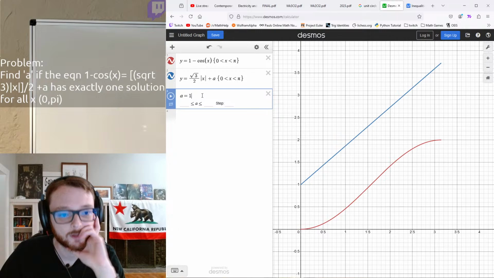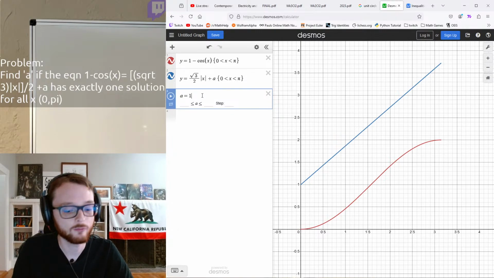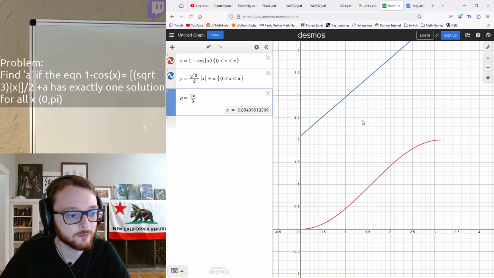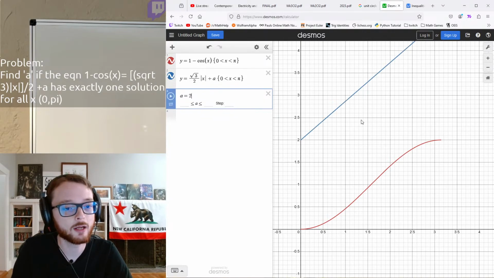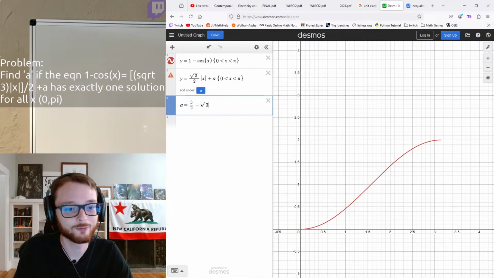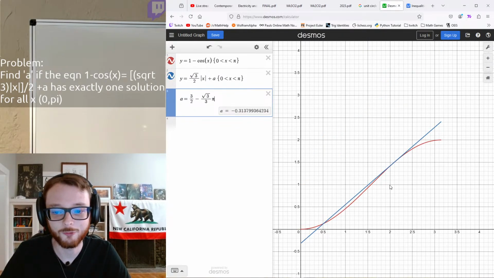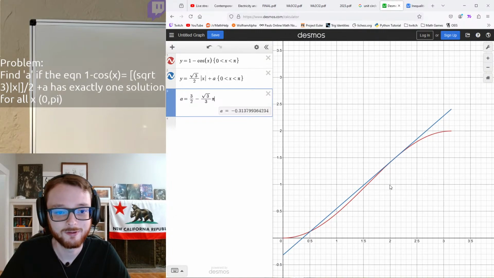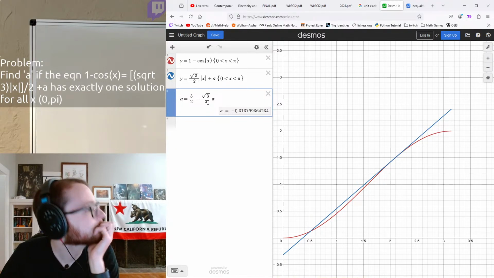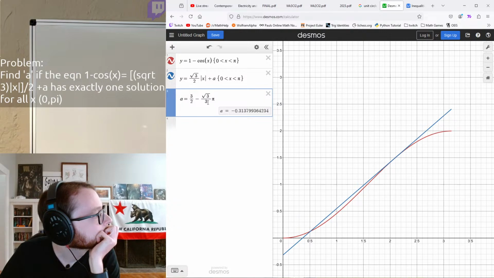So if A equals 2 pi over 3, I am wrong. I got the wrong answer. Sorry, no, I didn't plug in the right value. 3 over 2 minus square root 3 over 3 pi. Oh no! Wait, but if we do the other solution, there's no way, right?